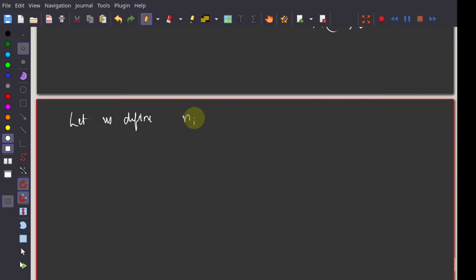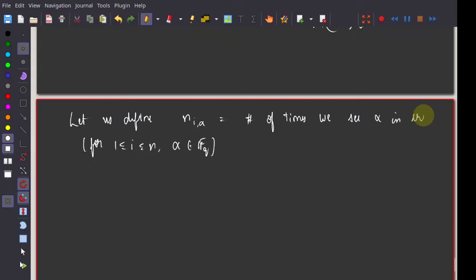Okay. So I'll define n_{i,alpha} as, so for any i between 1 and n and alpha in the field, n_{i,alpha} is the number of times we see alpha in the ith column of that matrix.